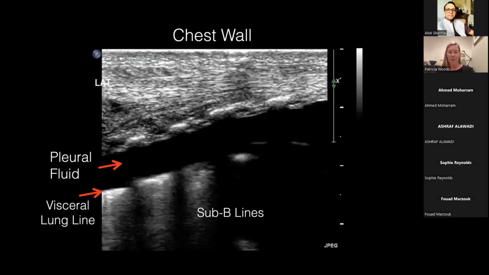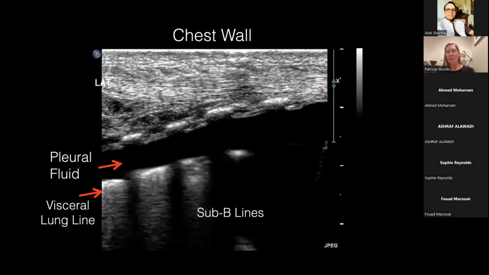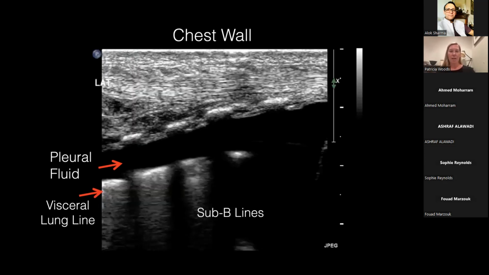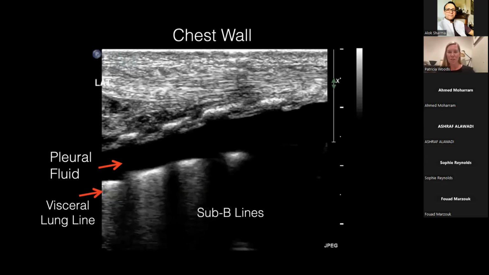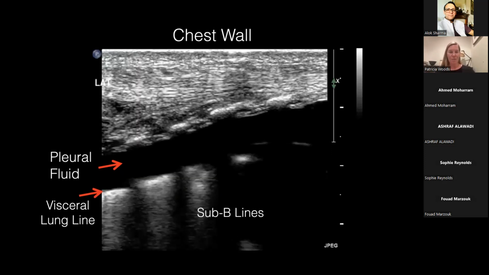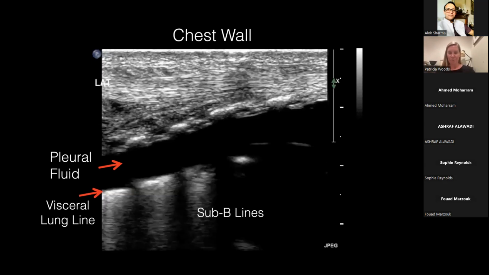So they throw in new terminology like sub-B lines. But I think just coming back to basics, you're looking for that deep anechoic area that's separating the fluid. And for the first time, ultrasound is happy with you because it hates air and it loves fluid, and you can actually start to feel something more tangible.